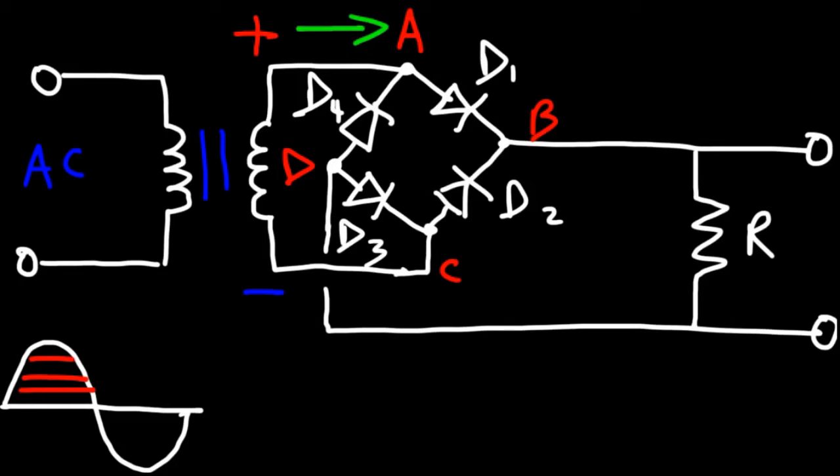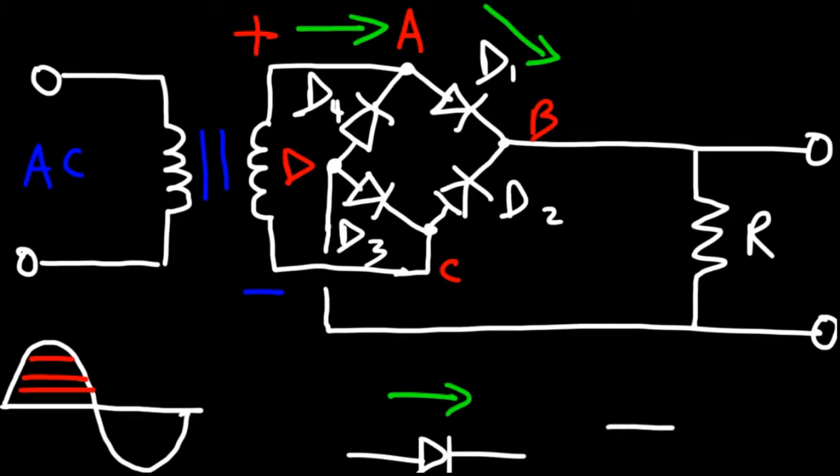So it's going to flow from the positive terminal of the transformer towards point A, and then from point A towards point B through D1. Now, is D1 on or off? Is D1 in forward bias mode or reverse bias mode? So anytime the direction of conventional current is in the same direction of the arrow, the diode is on. It's active. It's in forward bias mode.